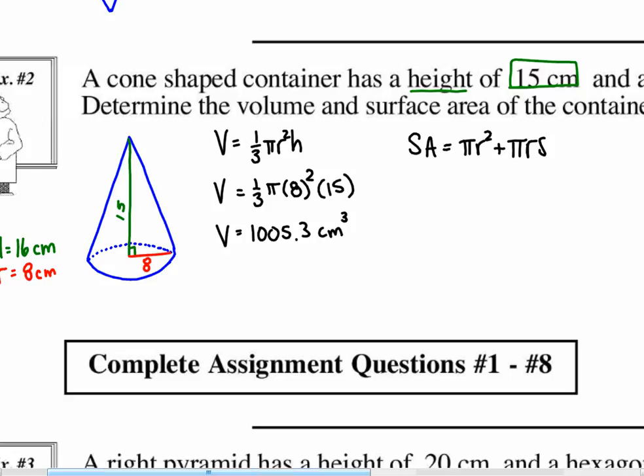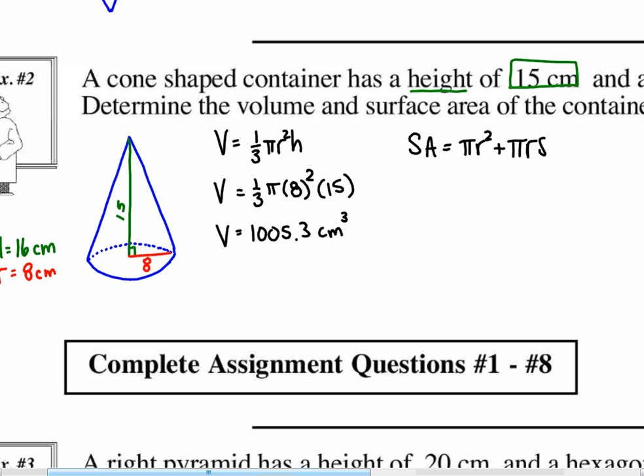The pi r s is the formula, which we're not going to prove, for if you cut open the cone. If you drew a net of a cone, it would look like this, and then you have something like this. It has a curve on the bottom. We're not proving how to get that area.